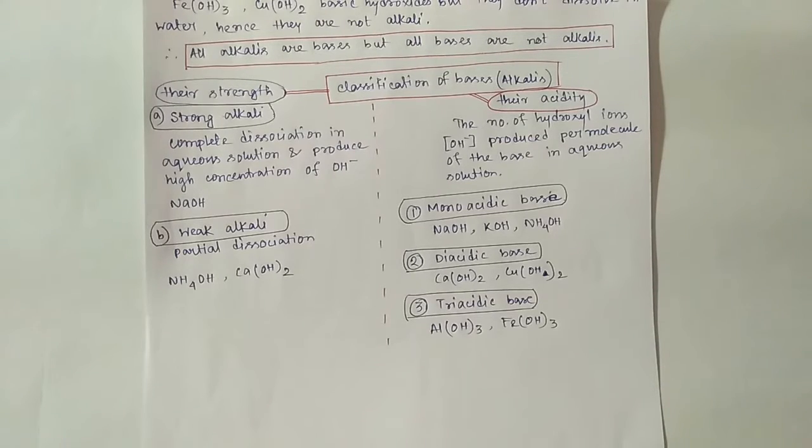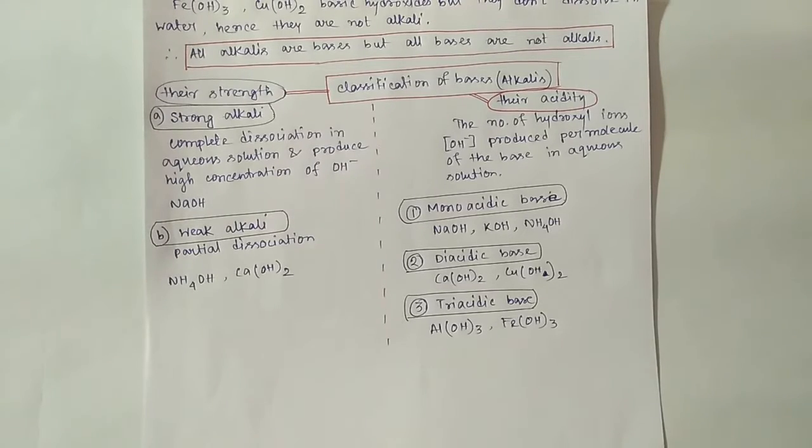That is why they are insoluble basic hydroxides. Again, remember that sodium hydroxide, NaOH or caustic soda, and potassium hydroxide, KOH or caustic potash, are highly dissociated in aqueous solutions, and that is why they are strong alkalis, while NH4OH, ammonium hydroxide, or calcium hydroxide, Ca(OH)2, also called slaked lime, dissociate partially in aqueous solution, so they are weak alkalis.